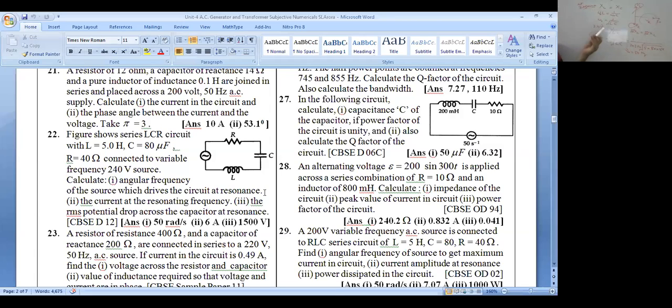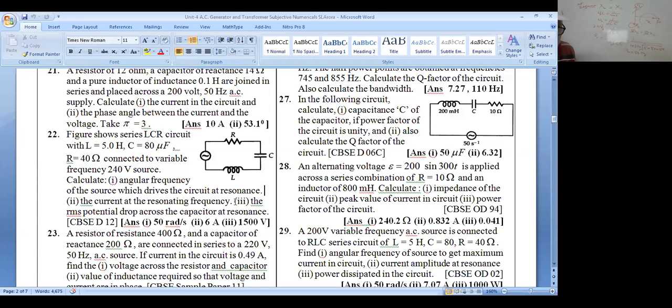You can find omega naught also, no problem, and you can find nu naught also. This is the relation between omega and nu. The unit of omega is radian per second, and the unit of nu naught is cycle per second or hertz. So it is very simple to find the angular frequency.